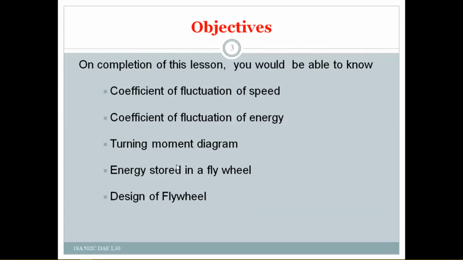All these objectives we will discuss in this lesson. So let us see one by one.